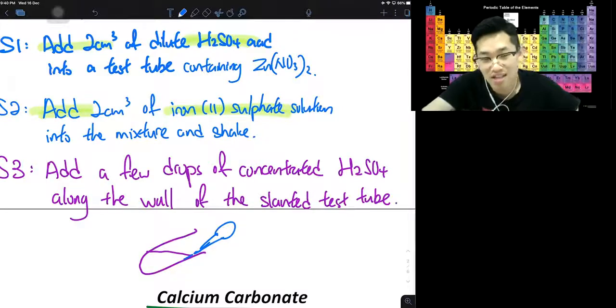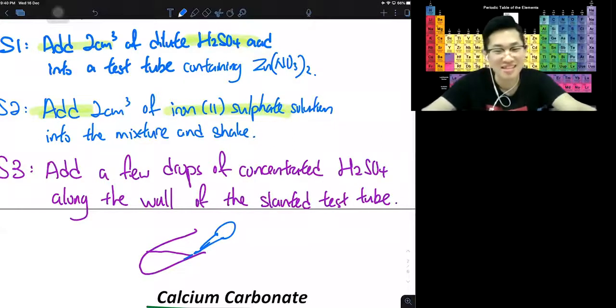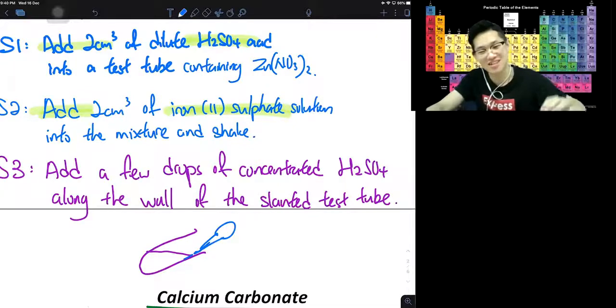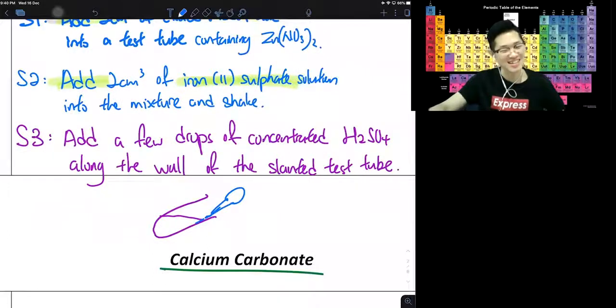Tilt and slanted is the same thing. Without shaking, actually no need. If you worry that your answer is wrong, then you write without shaking. But in exam, no need to write no shaking. Okay, just like that.